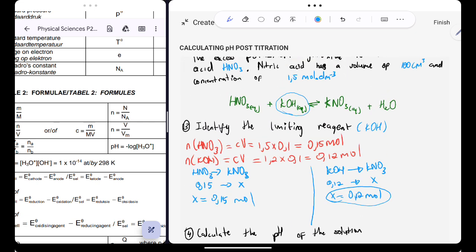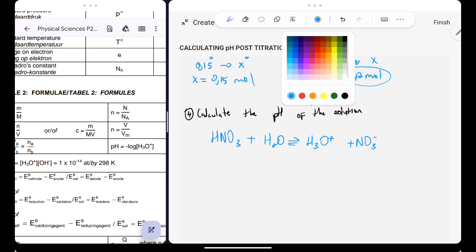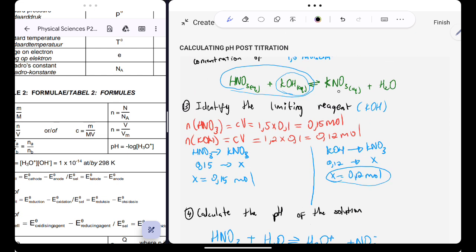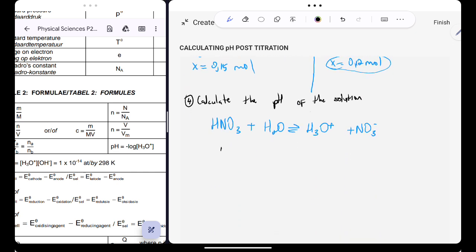Okay, so according to this reaction, I can simply say for me to form the potassium nitrate, I know that 1 mole of nitric acid should react with 1 mole of potassium hydroxide. But this time around, I do not have 1 mole. I have 0.12 of potassium hydroxide. I want to know how much of the nitric acid will I need to react with 0.12 of potassium hydroxide.